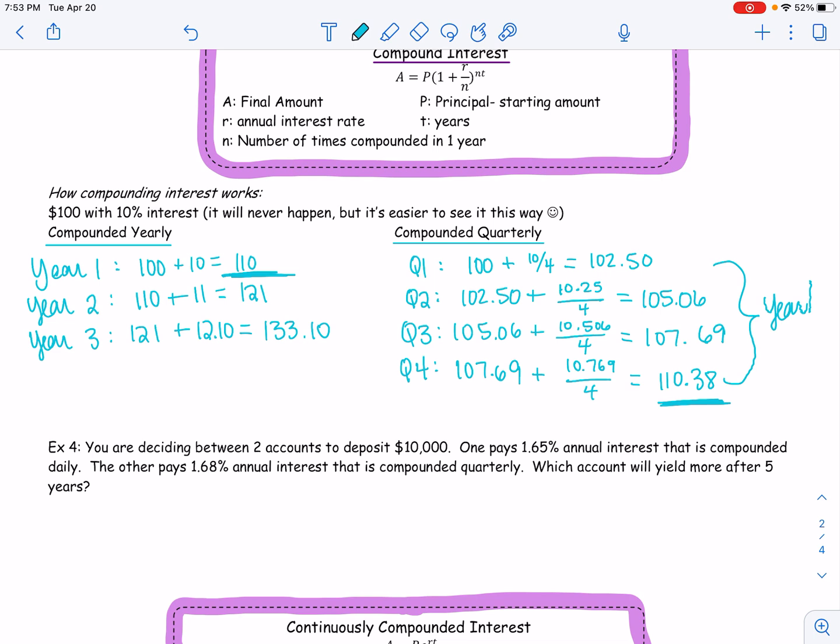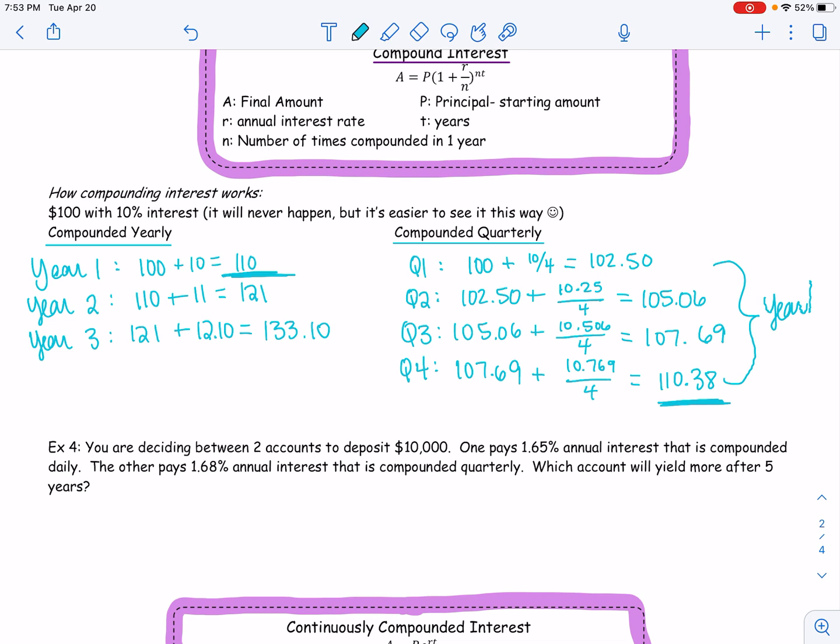If you deposited $500 or $1,000 or $15,000 or $100,000 or something like that, it would make a bigger impact over just 1 year compounding quarterly than you would compounding yearly. Okay, so that's kind of the difference on just a basic level.